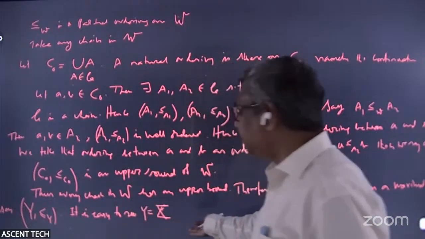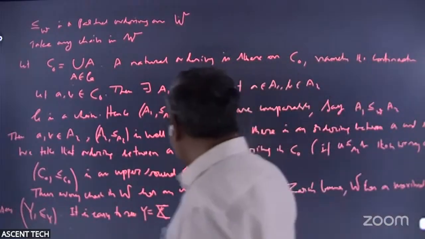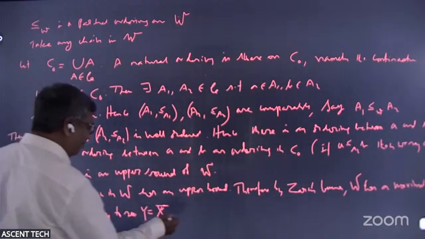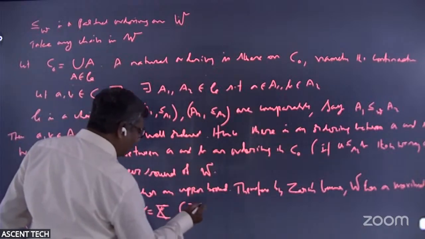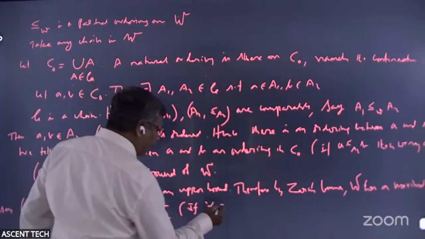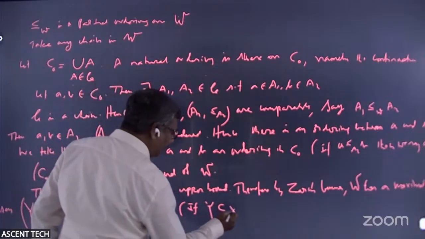Why is it easy to see that y equals x? Suppose y is not x, so y is a proper subset of x.